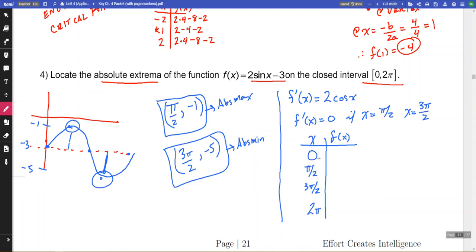All right, so I've got the endpoints, 0 and 2 pi. I've got the critical points, pi over 2 and 3 pi over 2. Make my evaluation. At 0, the sine of 0 is 0, so negative 3. At the endpoints, which we could tell from our graph, at 2 pi, sine of 2 pi is 0. And sine of pi over 2 is positive 1, so 2 times 1 minus 3, that's negative 1.